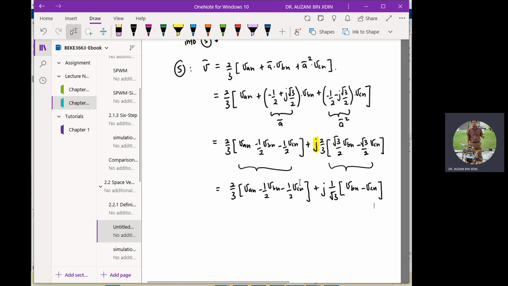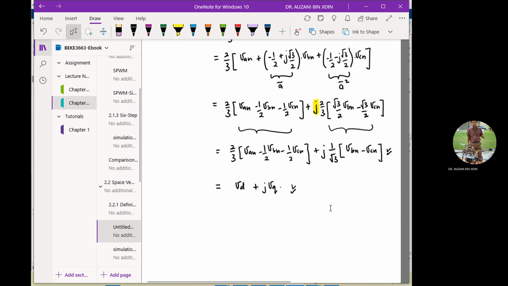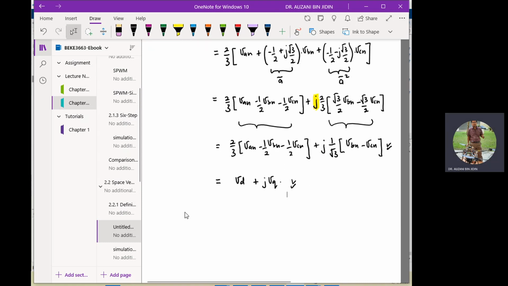So then we know that the space vector you can also define as VD plus j VQ. So by comparing these two equations, actually you can obtain the equation for VD and VQ.